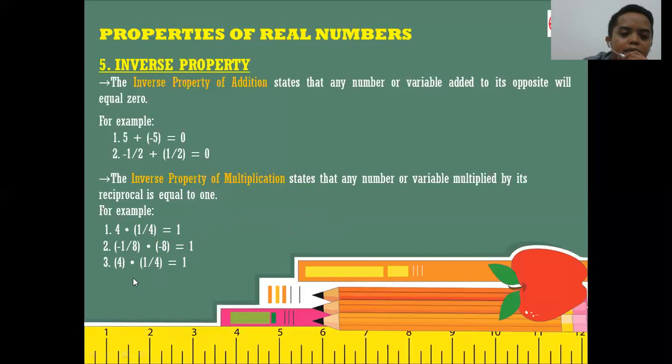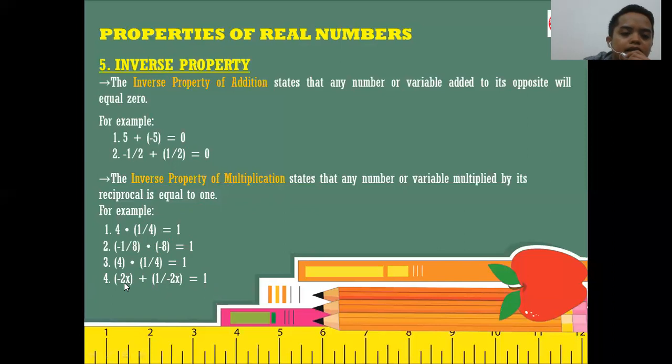Then another example, 4, this time positive. It's just the same as question number 1. How about number 4? Or we say this is sample number 3.